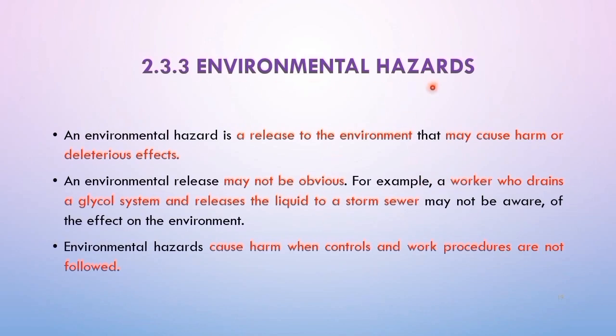As an example of an environmental hazard, a worker who drains a glycol system and releases the liquid to a storm sewer may not be aware of the effects on the environment. Environmental hazards can cause harm when controls and work procedures are not followed.